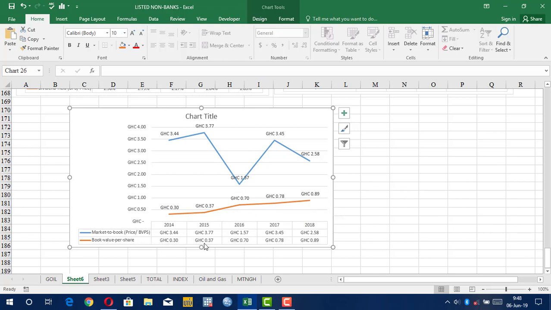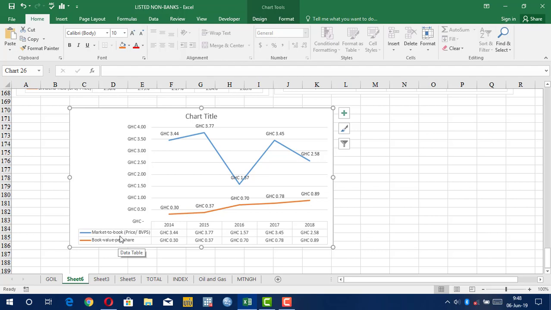Now, investors mostly use this book value per share as a benchmark to compare with the stock's current market price, such that the moment it falls below the book value per share, it means there is an issue.